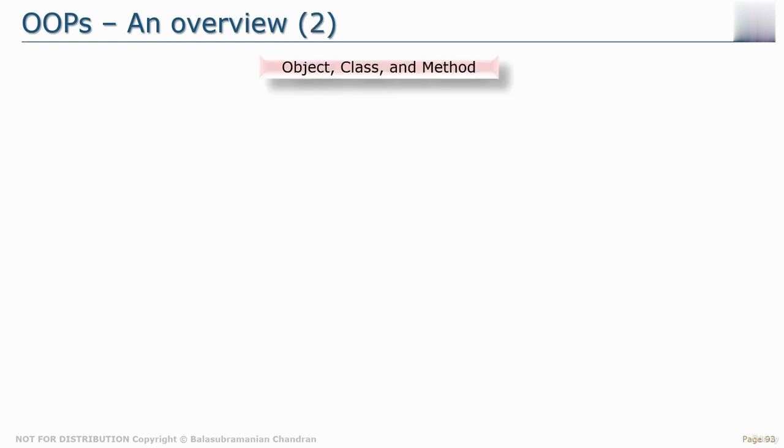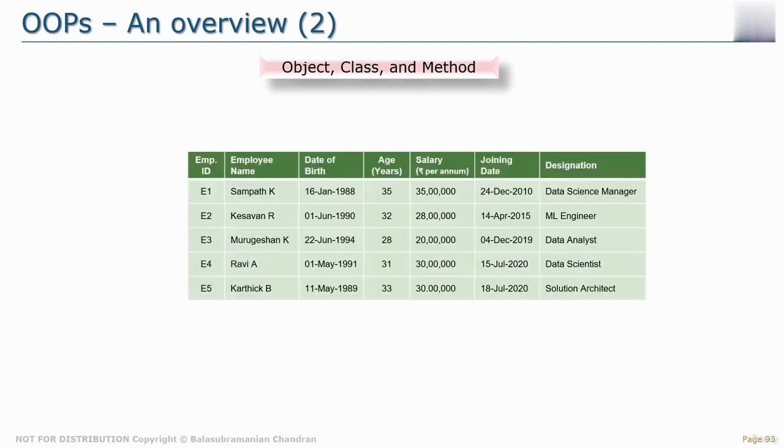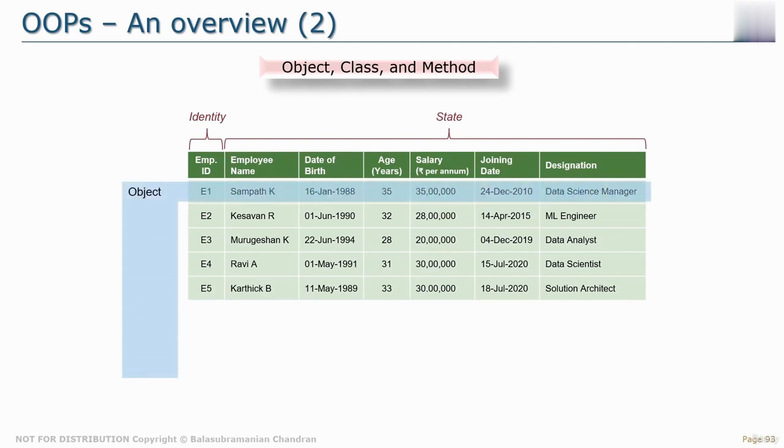Let me try to explain objects, classes, and methods with an illustration. Let's say we have a data set like this. The first attribute, empid, is called identity. The rest of the attributes that describe this identity are called state. Each row of data is called an object.